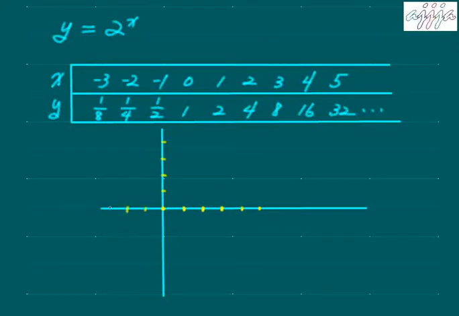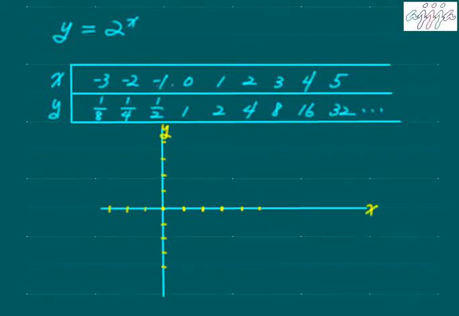So, what about negative side? Negative 1, negative 2, negative 3, and so on. Now, here, negative 1, negative 2, negative 3, negative 4. What about this one is y. This one is x.